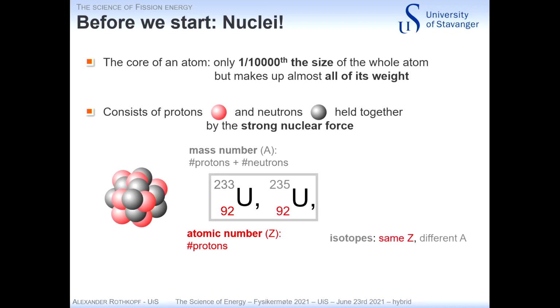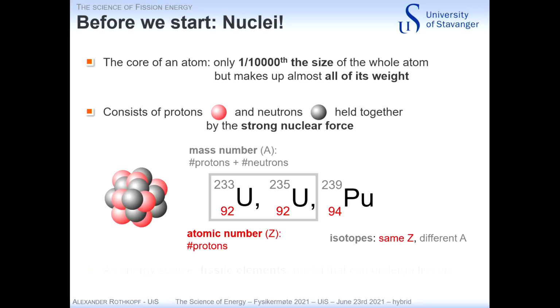So you can have the same elements. I give you here an example of two uraniums with the same Z, but they may have a different number of neutrons, so a different mass number, and these elemental siblings we then call isotopes, different isotopes of an element. And just to give you another example of a heavy element with even more protons, plutonium with 94 protons.